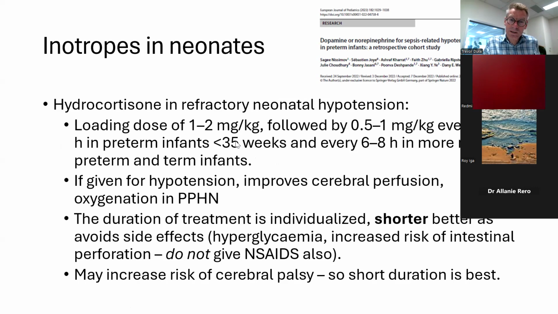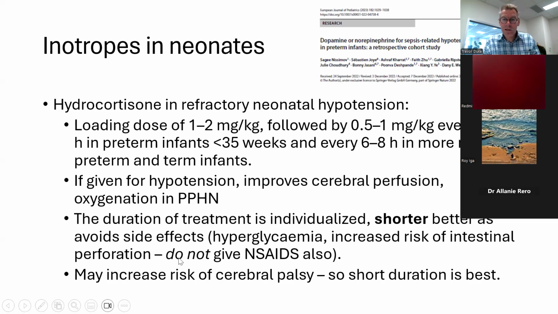And typically you give 1 mg per kilogram every 6 to 8 hours. And I try to give them only for 2 to 3 days, no more than that, the shorter the better, in fact, because then you avoid the major risk, which is intestinal perforation.